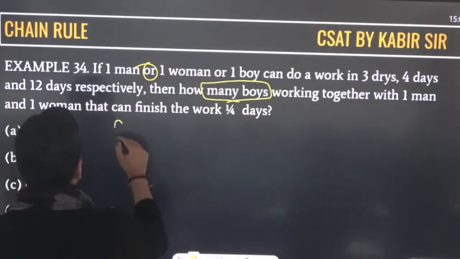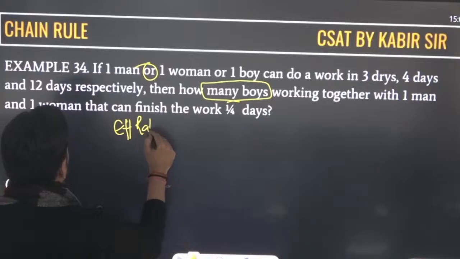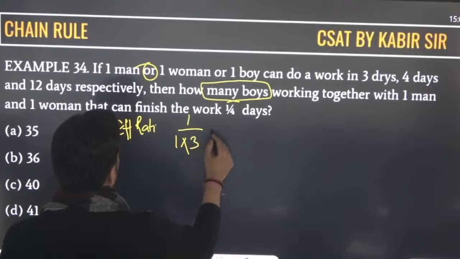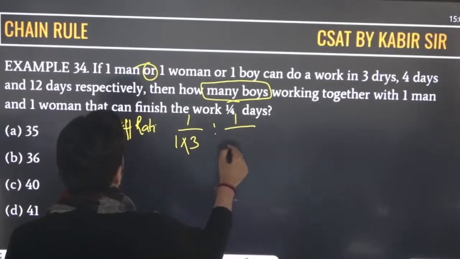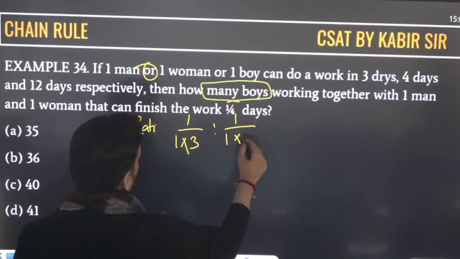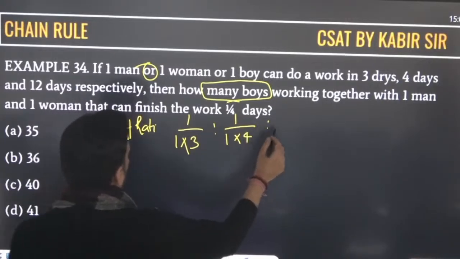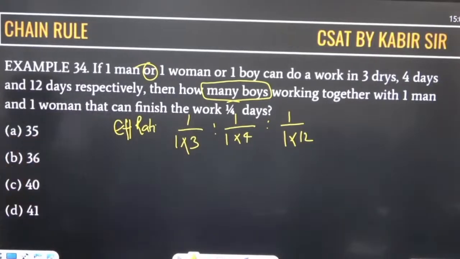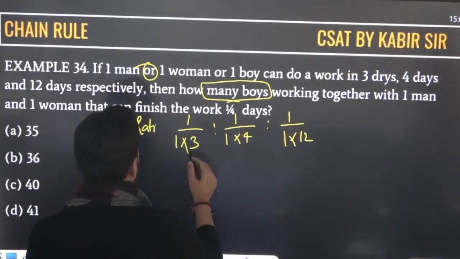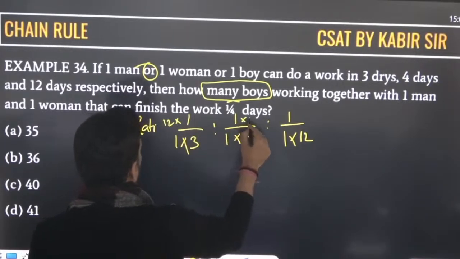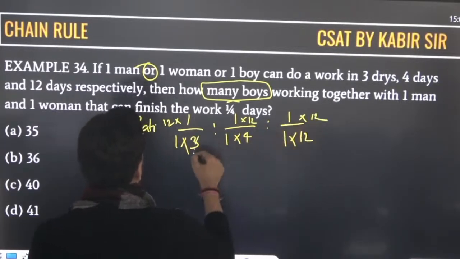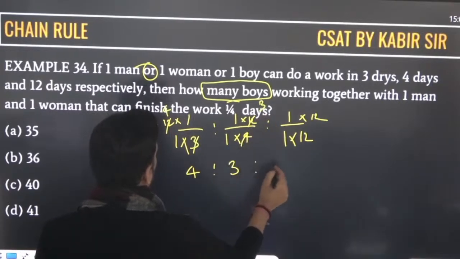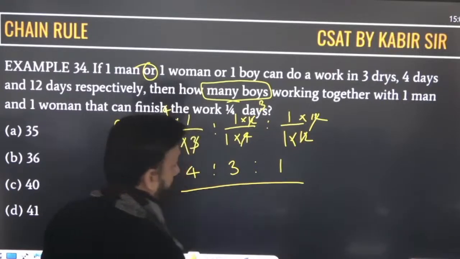Here what will be the efficiency ratio? It will be 1 upon man is 1, but the days he is taking is 3. Woman is 1, the days she is taking is 4, the boys are 1, but they are taking 12 days. So from 12 you will multiply. So 4 times 4 and 3, and the ratio is 4 is to 3 is to 1.